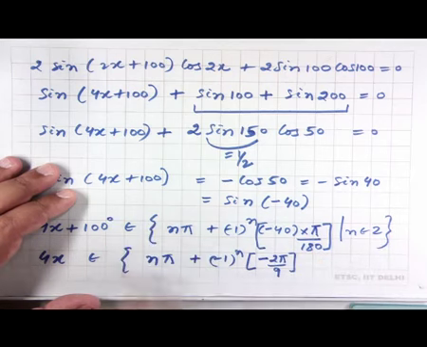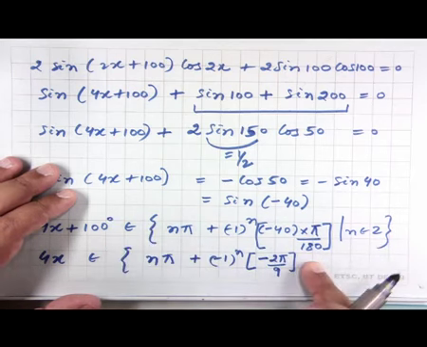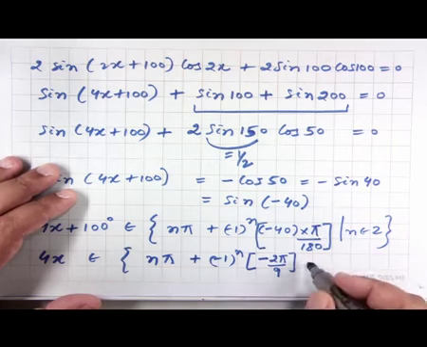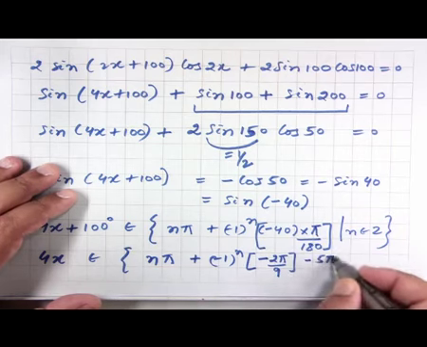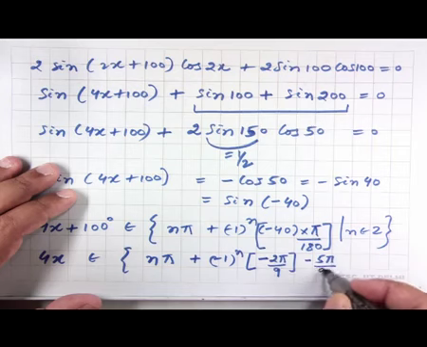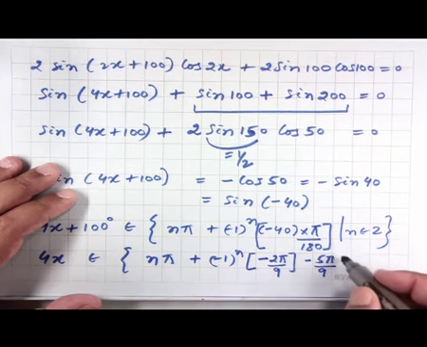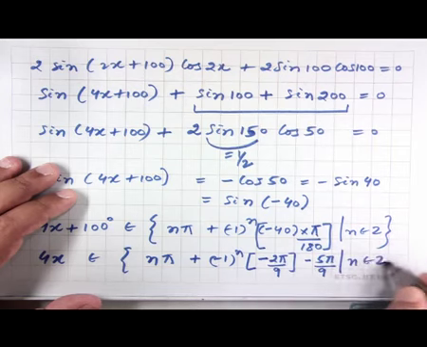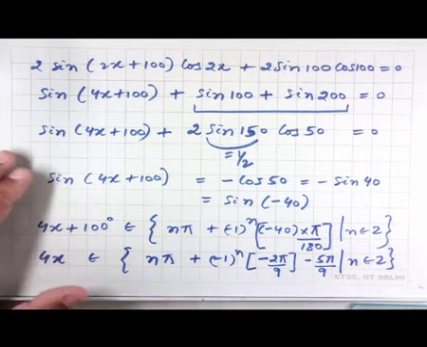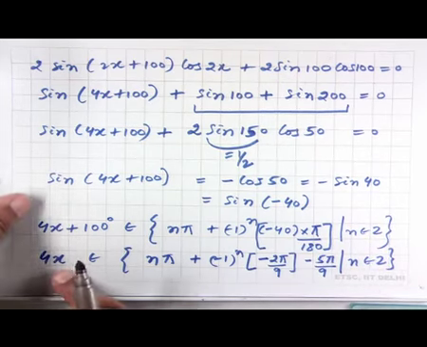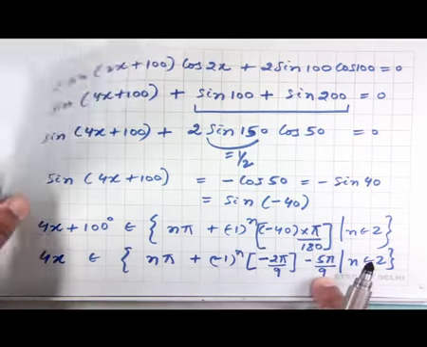So, in terms of radians, that will be minus 5 pi over 9, and again belonging to integers, but this is 4x. So, then we have to divide everything here by 4.